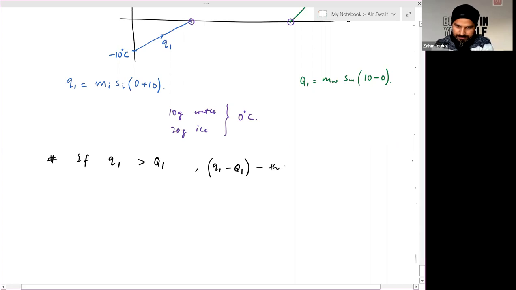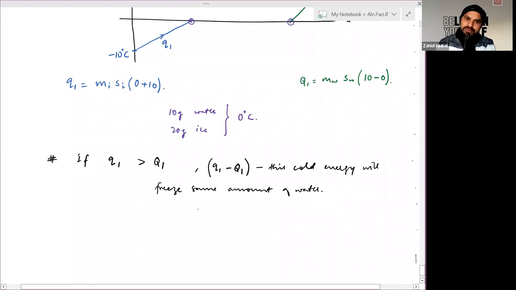So this cold energy will freeze some amount of water. So the mass will be the amount of cold energy divided by latent heat of fusion. Is it clear?